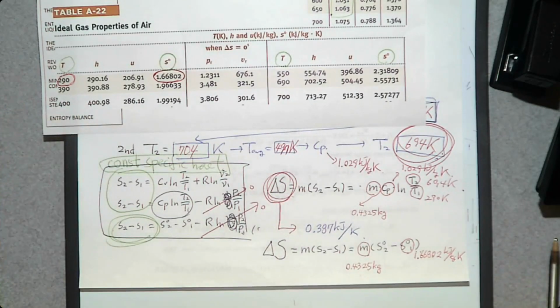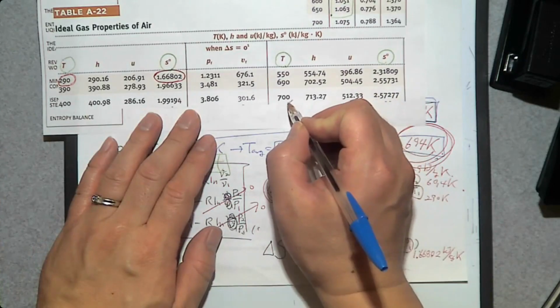Okay, no problem. Then what is the final temperature? We calculated the final temperature from this iteration method, and the final temperature is this one, 694. So let's find that temperature from the table. Where is it? Between these two numbers.